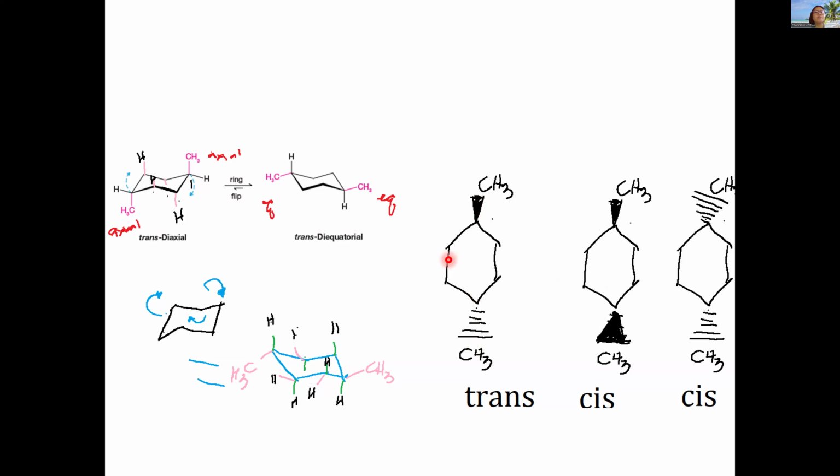So this depiction is trans or cis? It's trans. So you have to know how to write that in trans, like that. Okay? And if you want the cis, you can write two ways. You have two dashes away from you or two wedges towards you. That's still cis.